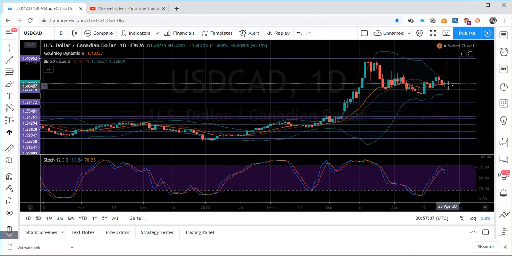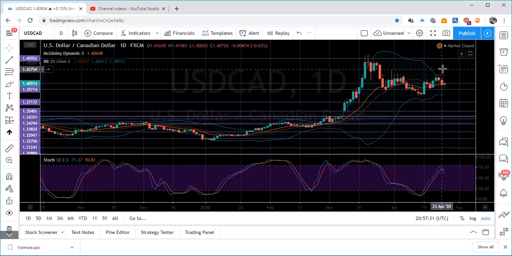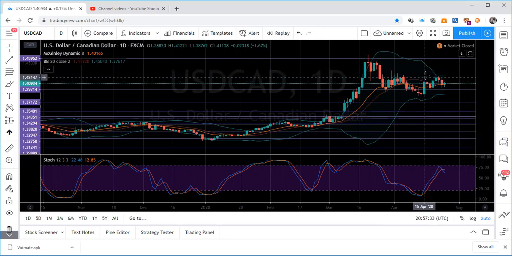We could place a 20 pip buy stop above the high. The high is at 1.4120. We can place a 20 pip buy stop at the 1.4140 area and look forward to price getting to the highs here at 1.4240, and most likely, trading a head and shoulders pattern, we'll be going higher than that.